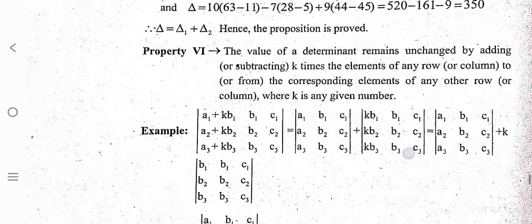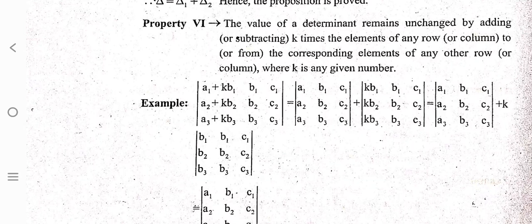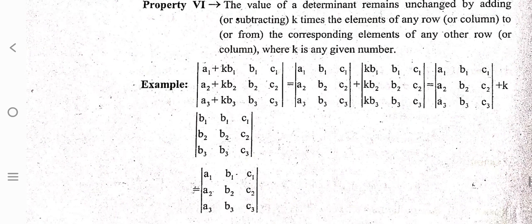Okay, and property 6: the value of a determinant remains unchanged by adding or subtracting k times the elements of any row or column to or from the corresponding elements of any other row or column, where k is any given number, right? So this determinant we can also express like this.